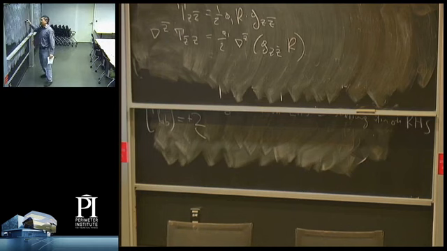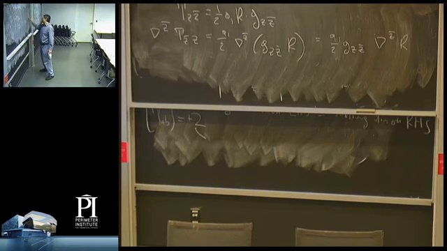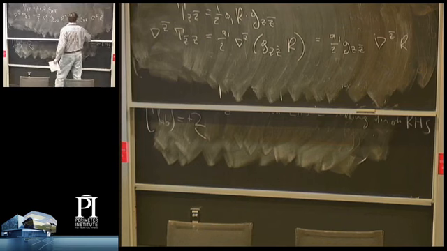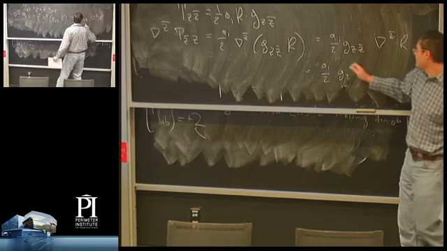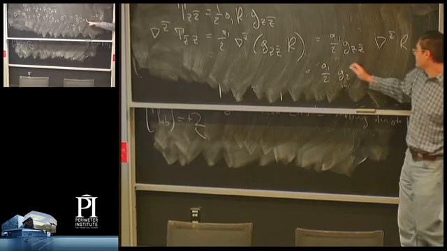So this is simply A1 over 2 G_{z z̄} and I have nabla z̄ acting on R. Which is the same as A1 over 2, lowering the index of nabla, so that becomes nabla z of R. Now, usually this is a covariant derivative, right?